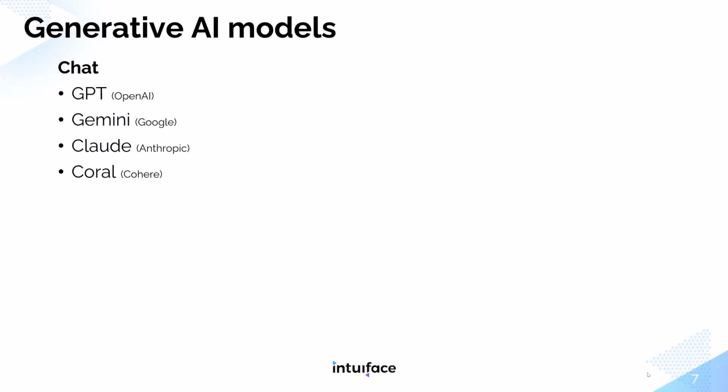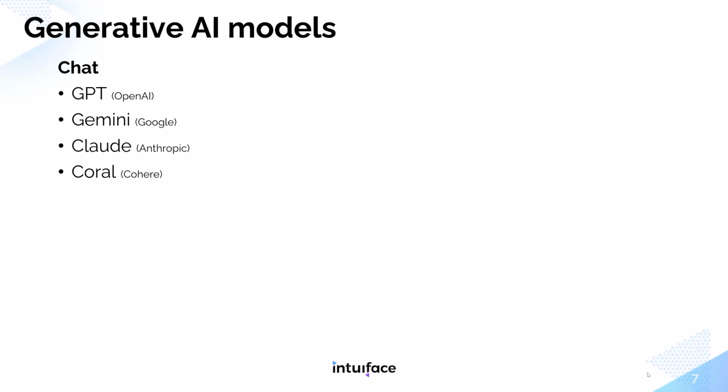And we'll start with chat. There are multiple generative models for chat. You enter a prompt and you get a response. We all know ChatGPT. ChatGPT is that user interface that lets you submit prompts to what's called GPT. Under the covers, it's called GPT. When you're using Copilot, when you're using Bing, all of that is GPT under the covers from OpenAI.